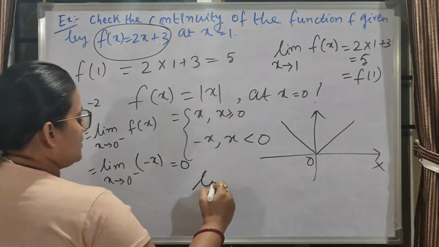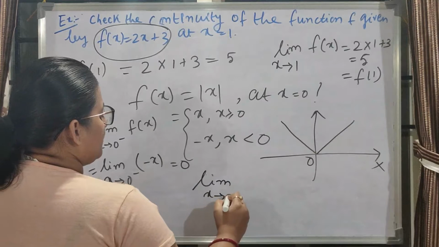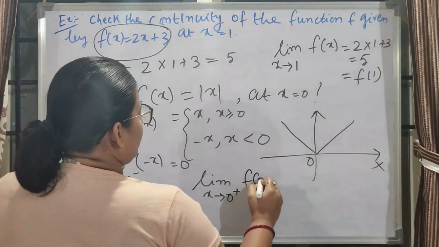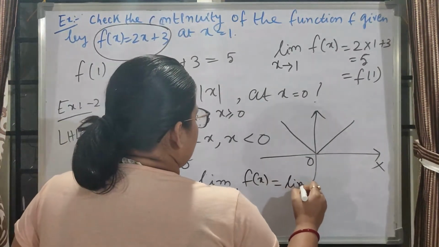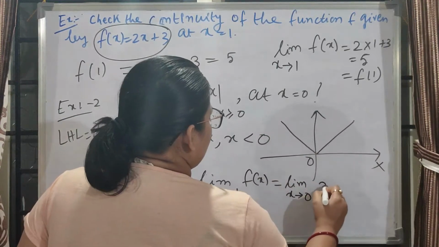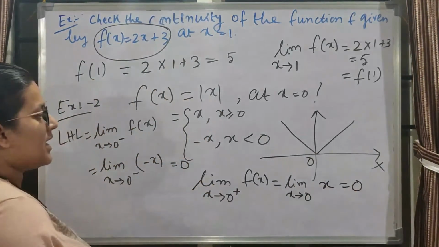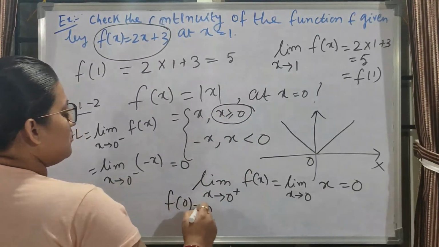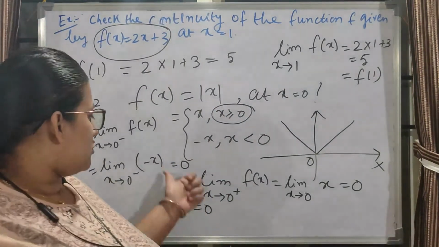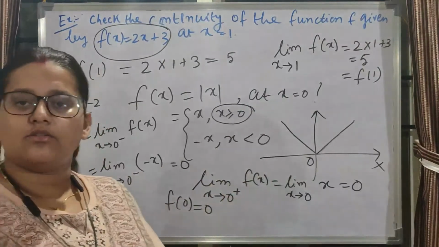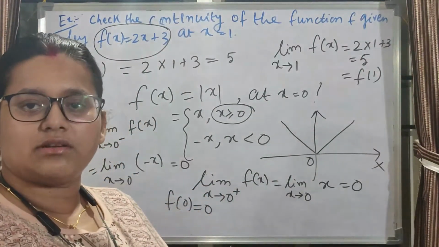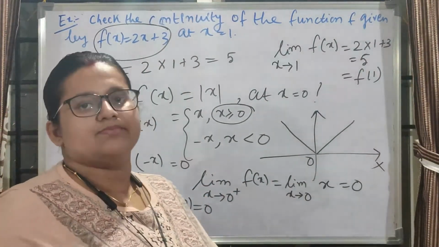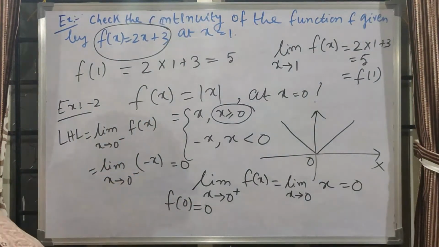Okay, again limit x tends to 0 plus f of x is equal to x, this also is 0. And functional value at x equal to 0, f of 0, is also 0. Okay. So left hand limit, right hand limit, and functional value are all equal. The function is continuous at x equal to 0. Okay. Next we'll see some more examples.